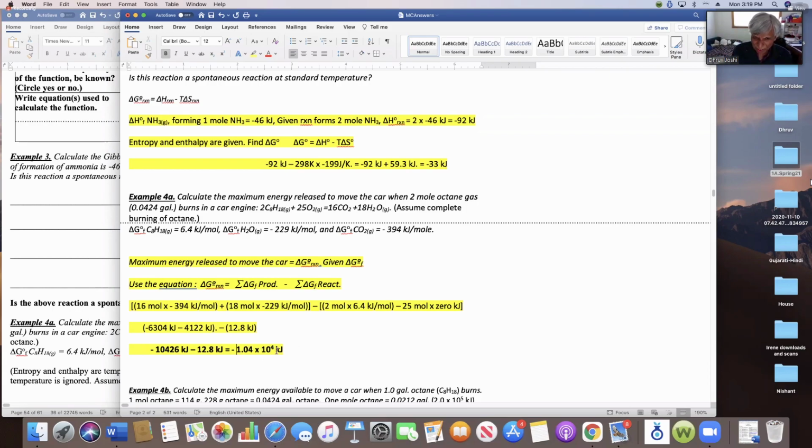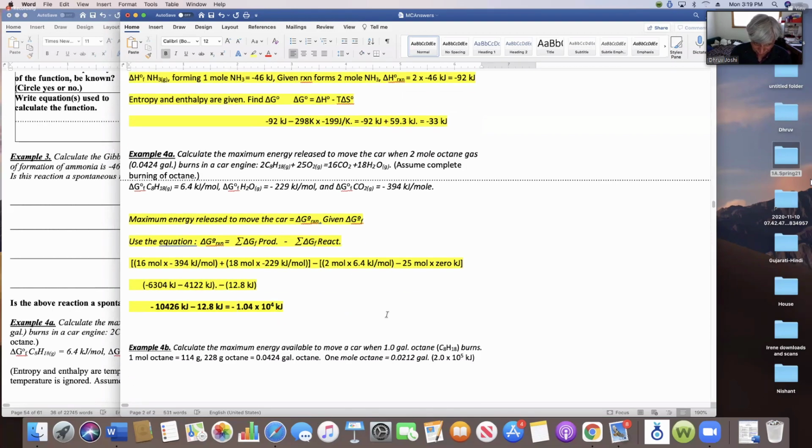You see how much energy that is? It's ten raised to 4 kilojoules. That's a lot of energy. Okay, so write this down and then we go to the next one.